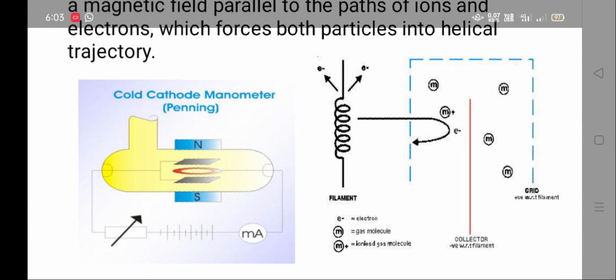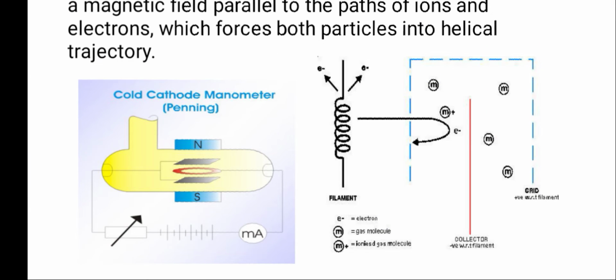These are the electrons which come out from the filament, and M is nothing but the gas molecules.